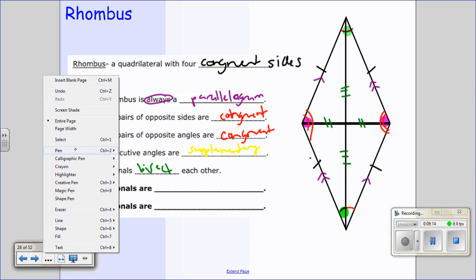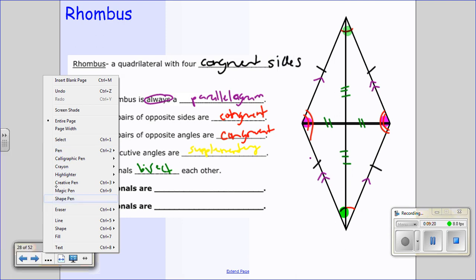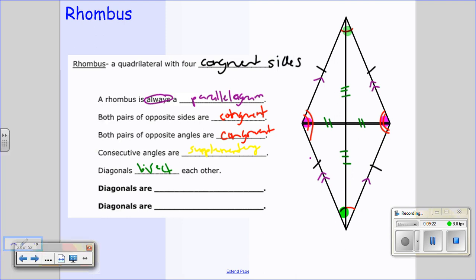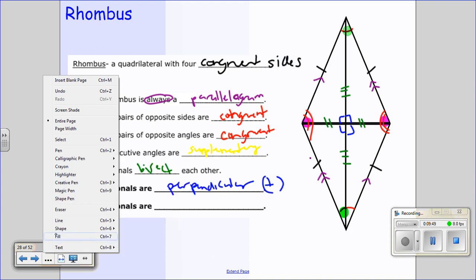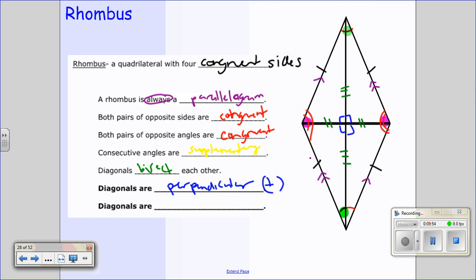Now some other information that is specific to only the rhombi. First one being that the diagonals are perpendicular. The diagonals are perpendicular, so they form four 90-degree angles. Also, the diagonals are going to be angle bisectors.